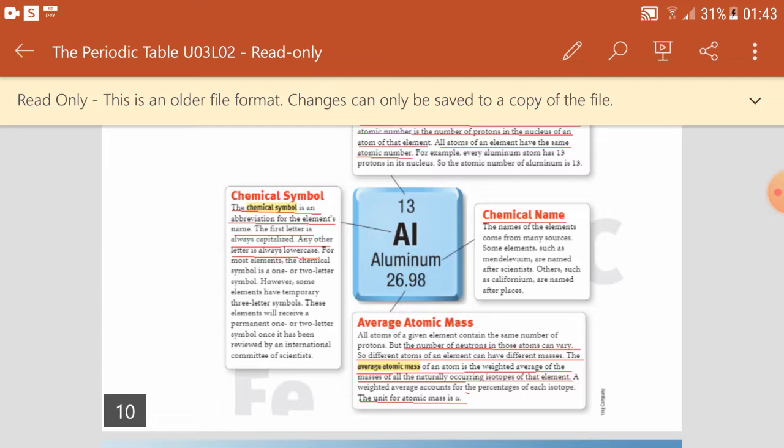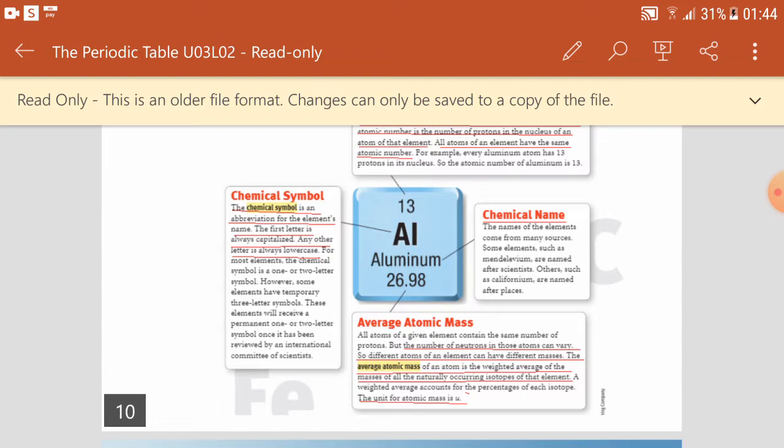The atomic mass is not only the mass number. Here, as you see, it is 26 point something. Where does this decimal come from? Because aluminum can have many isotopes. What are isotopes, girls? Remember from the last lesson: isotopes are atoms of an element that have a different number of neutrons.